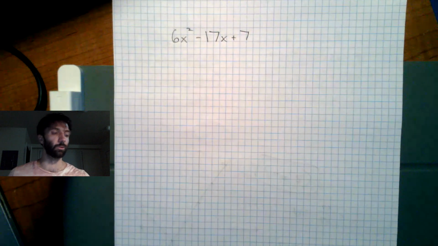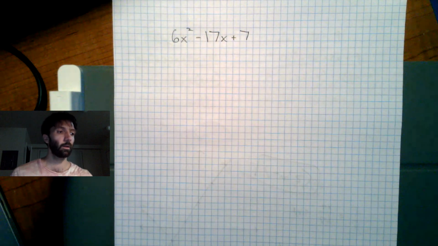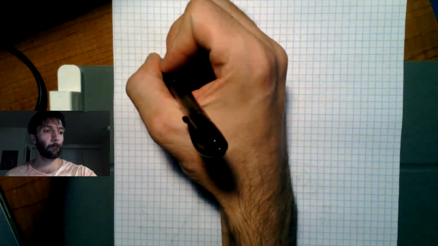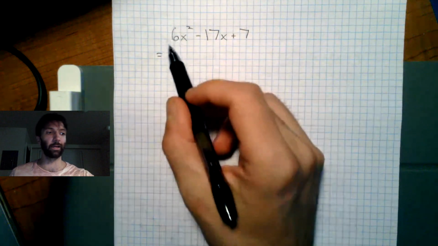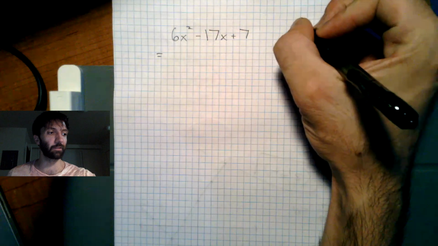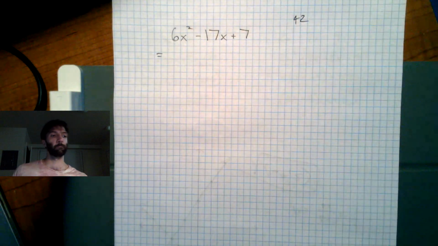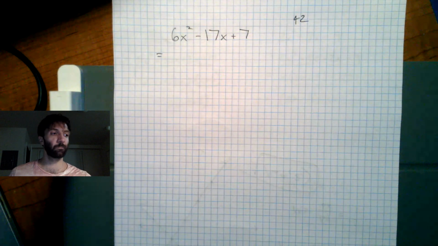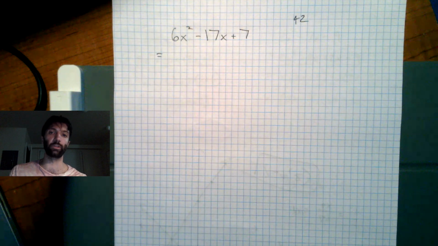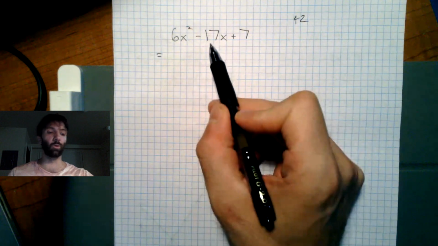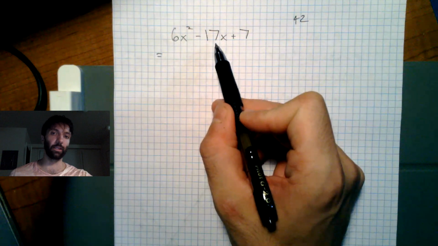All right, we'll do one more here. So step 1 is to multiply a and c. That's going to be a positive 42. Right, 6 times 7 is 42. And now I want the factor pair of positive 42 that will add to -17.